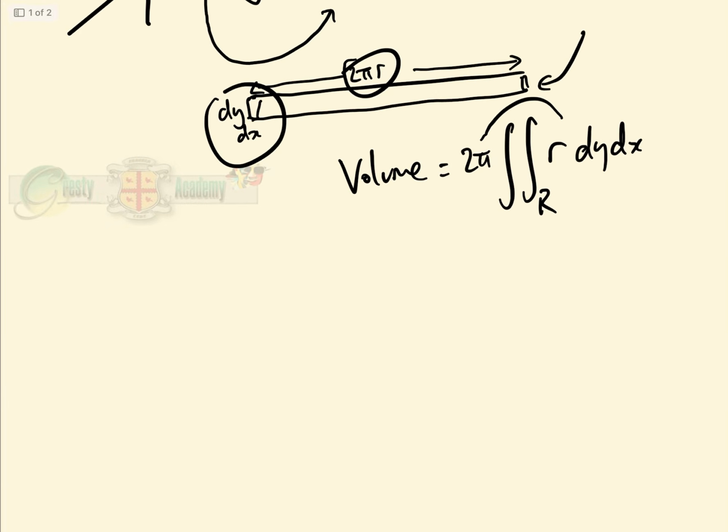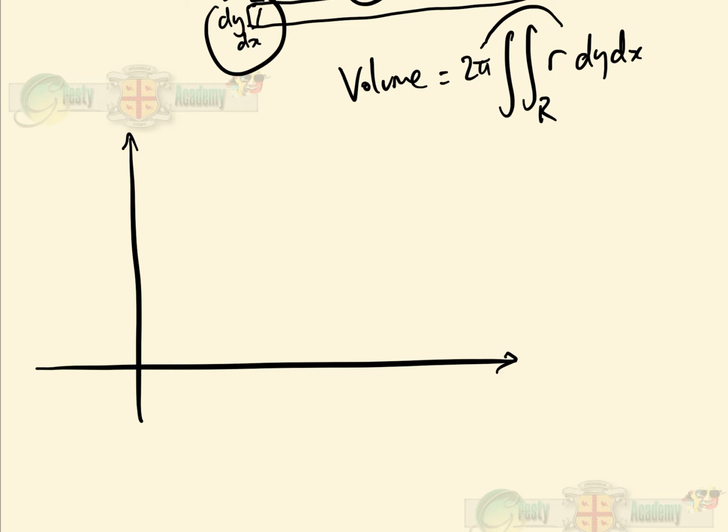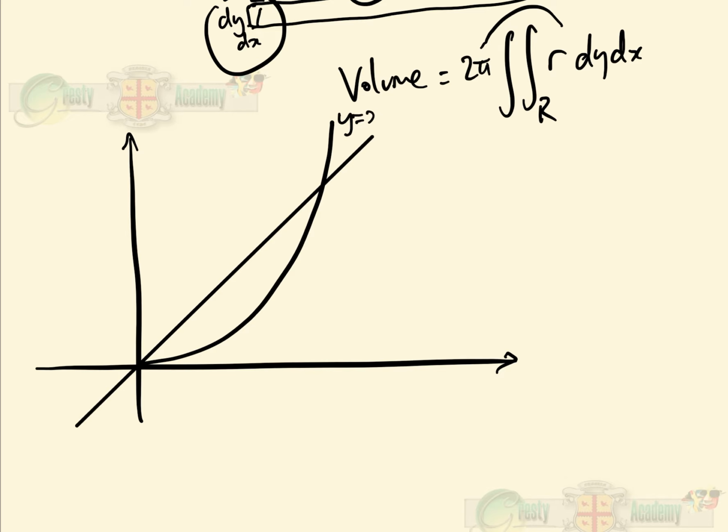So let's do it now about the x-axis. Let's just redraw it. Now one of the main hard things about this is working out what your limits of integration are. So here is y equals x squared, here is y equals x, here is our region, and here is our little point, dx dy.